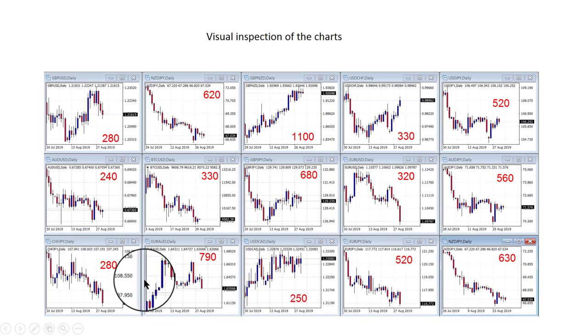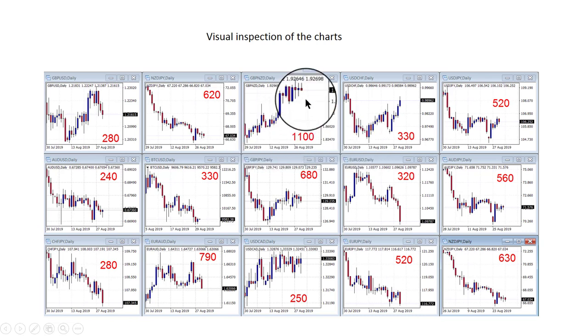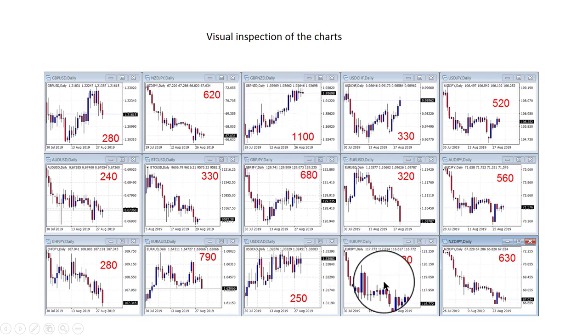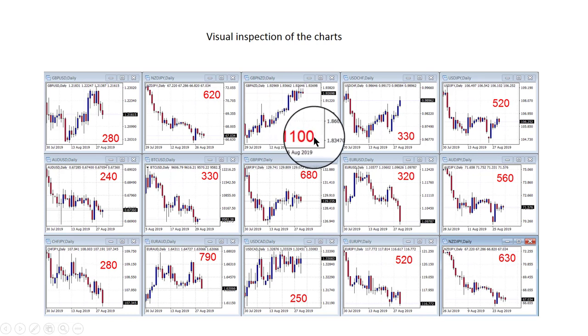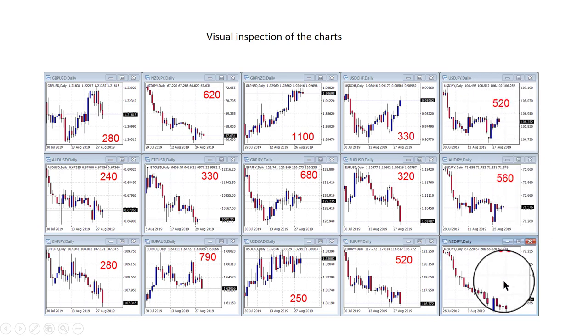Also, there's a big trick to looking at these things on the charts because of the calibration. Sometimes you try and compare a trend like this, which is a 520 pip trend, to a trend like that, and you think they're equal to each other, but they're not, because this one has moved 1,100 pips, this one's only worth half that. So that's why I have these numbers in, to make sure that I can relate the currencies to each other.